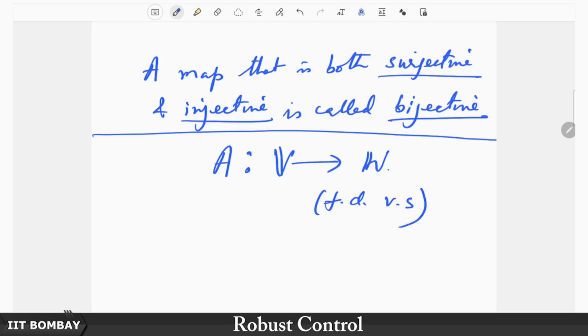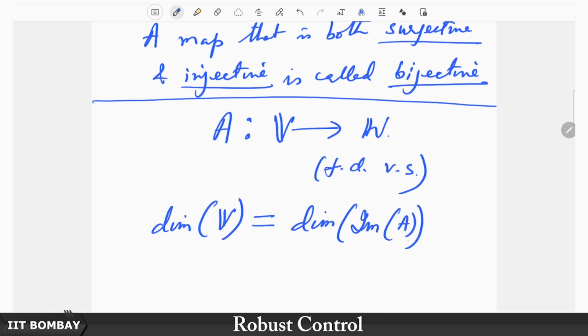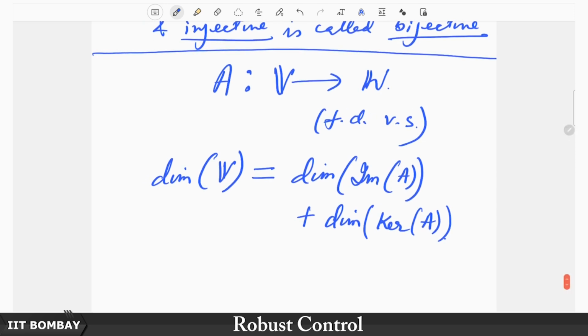Then the rank-nullity theorem says that the dimension of V, remember, the domain, is equal to the dimension of the image of A plus the dimension of the kernel of A. Please do remember that the image of A is a subspace of W, the codomain, and the kernel of A is a subspace of V, the domain.